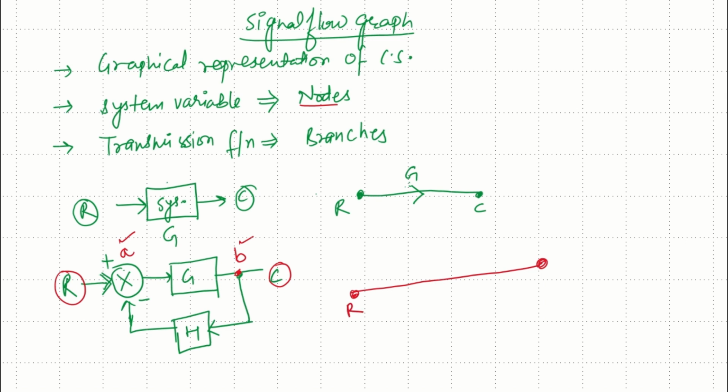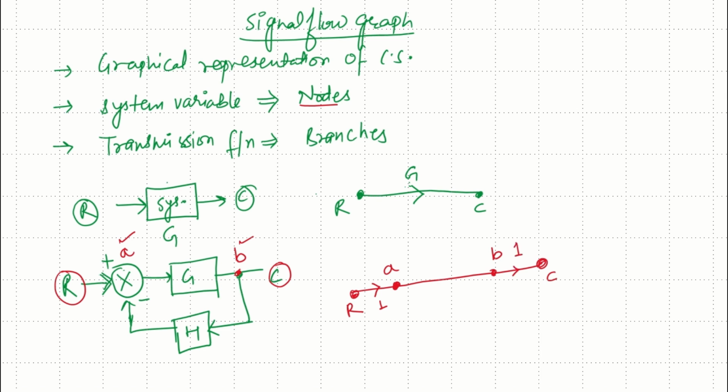In the signal flow graph, let me connect the input and output with a straight line. There will be an input node and an output node, and apart from these two, 2 more nodes: node A for the summing element and node B for the takeoff point. The gain between the input node and the summing element is unity, because no gain is given, and the gain between the takeoff point and the output terminal is also unity.